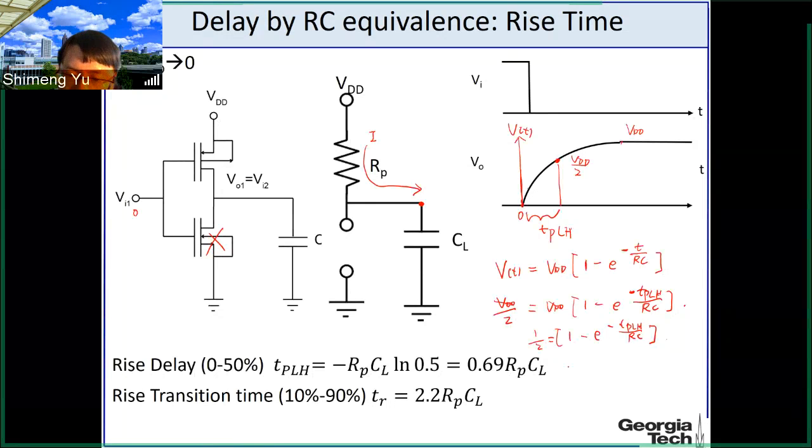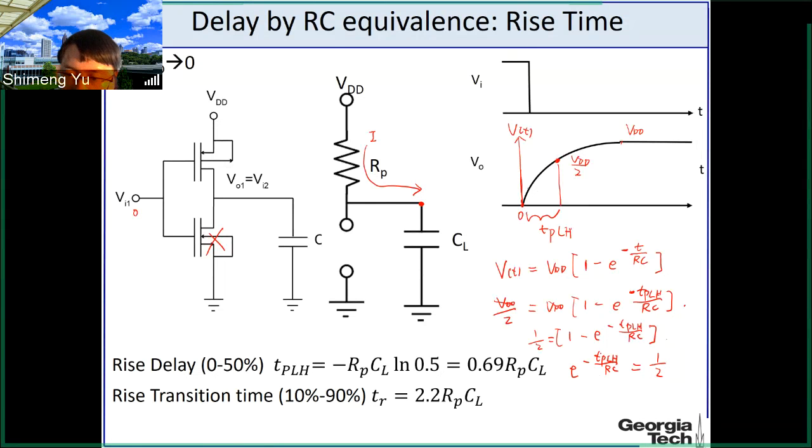Then you move this to the left hand side and move the half to the right hand side. So this exponential term equals half.